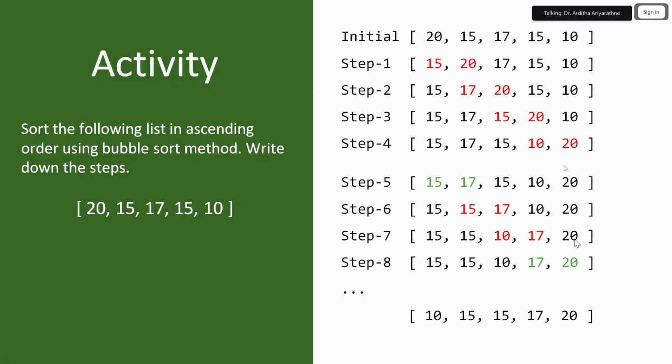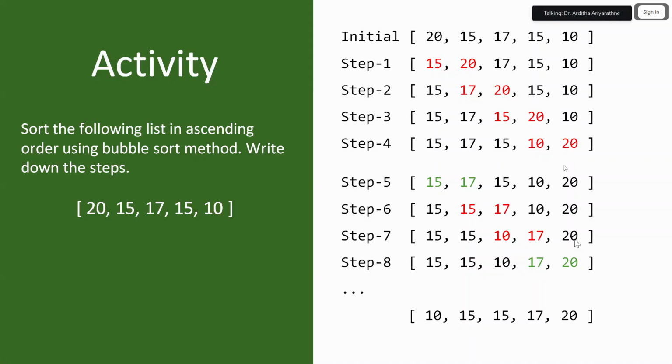That's the thing. At the end of each round of the outer loop, we have to run more rounds of the inner loop. But at the end, what happens? The largest value comes to the most right side.